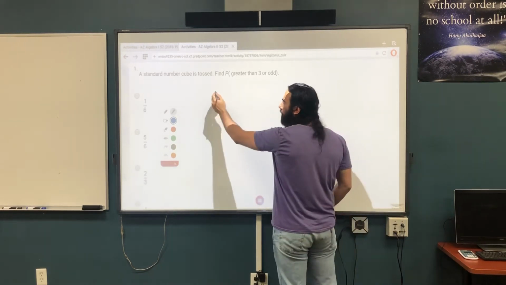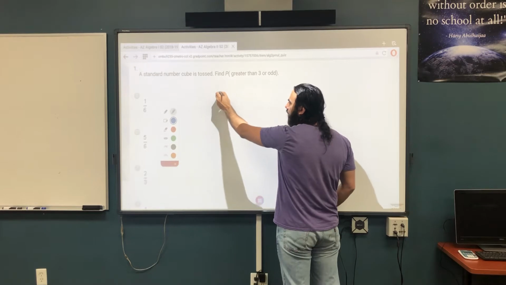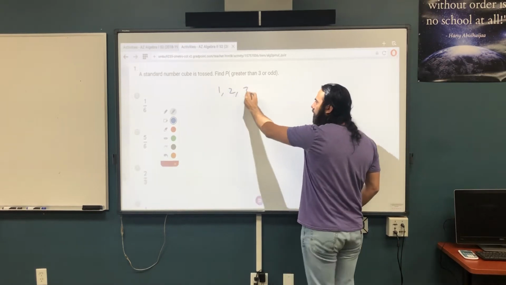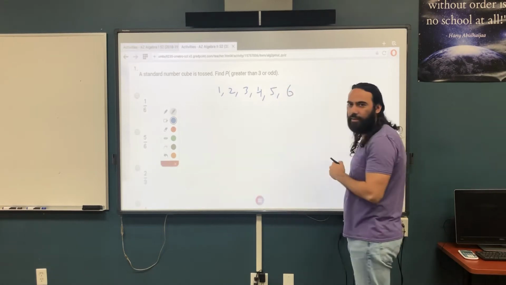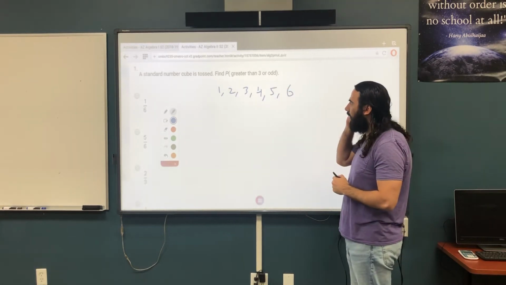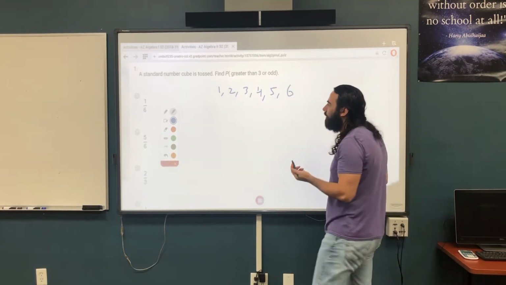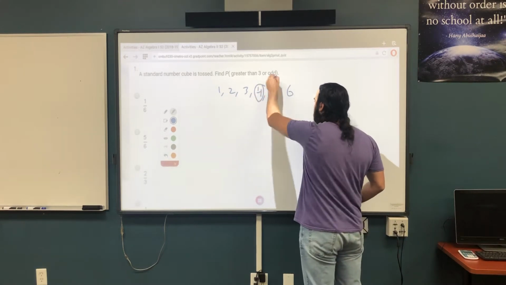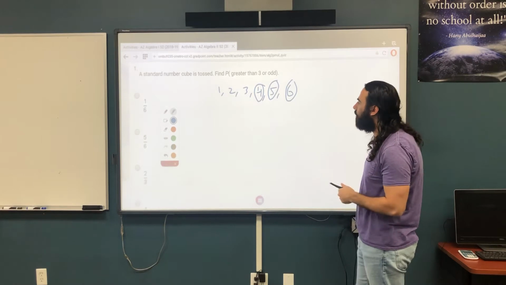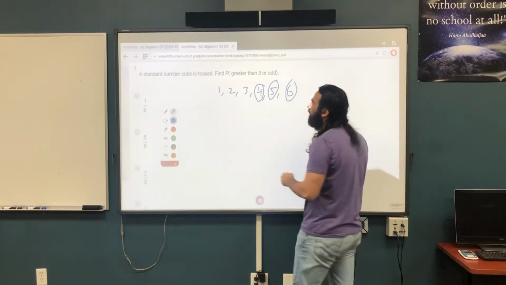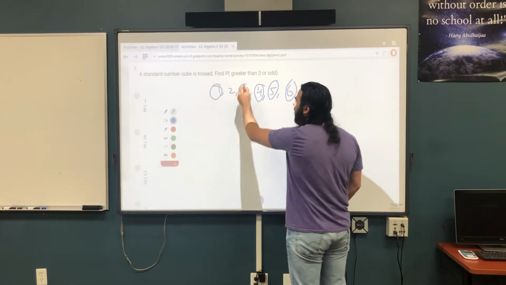So a standard number cube has the numbers 1, 2, 3, 4, 5, and 6. And we need all the numbers that are greater than 3, like the 4, the 5, and the 6. All three of them are greater than 3. Or the odd numbers. In this case, we have the 1 and the 3.